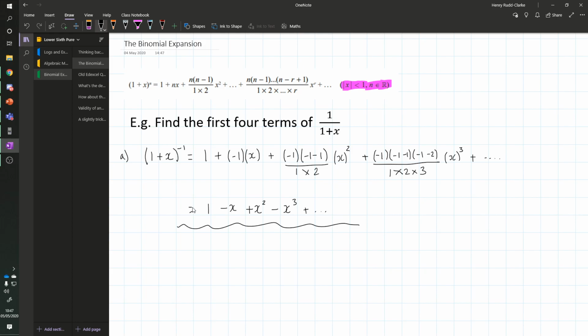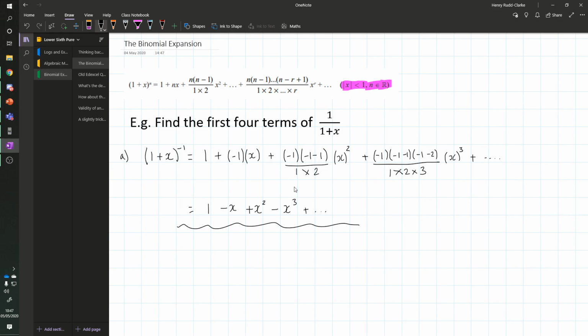You might want to think to yourself, why do I care about this? There are a few reasons we might care about it. If we wanted to make an estimate or some kind of statement about 1 over 1 plus x, it might be easier in some cases to do some algebra on this instead, or substitute numbers into it, perhaps.